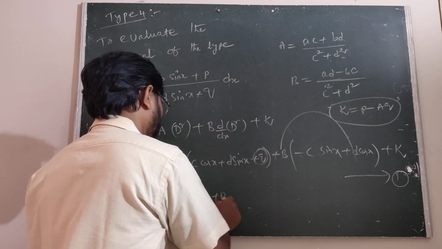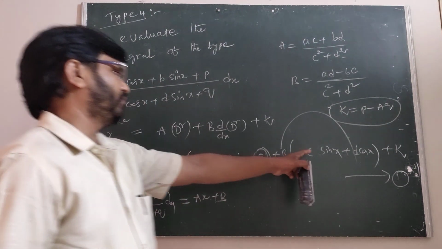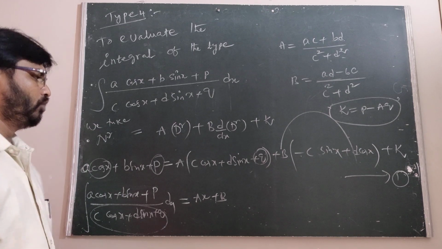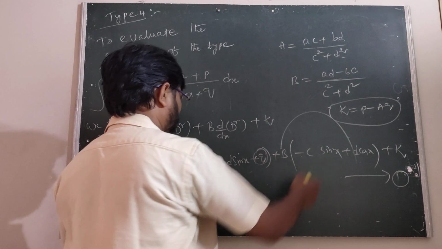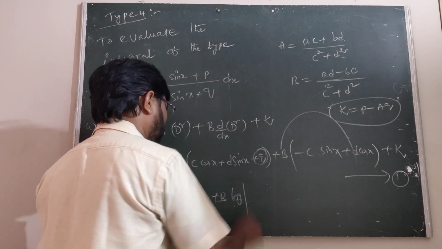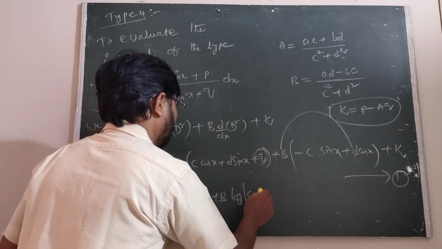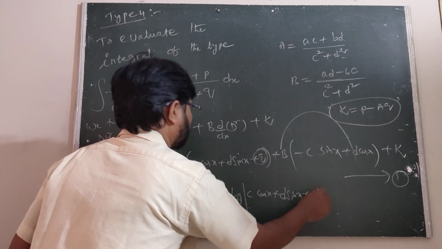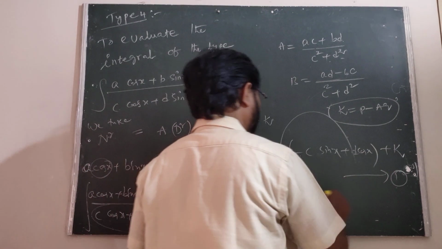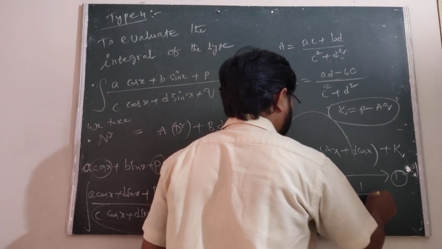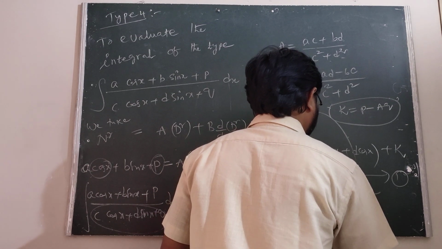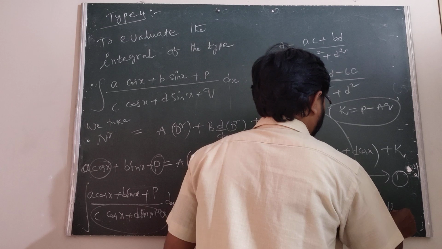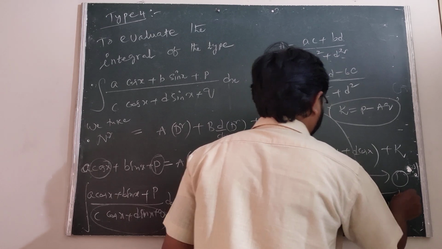Now this is B into f dash of x by f of x. When we divide this, f dash of x by f of x gives log mod of the denominator, that is c cos x plus d sin x plus q. Now the final one is k into integral of 1 upon (c cos x plus d sin x plus q) into dx.